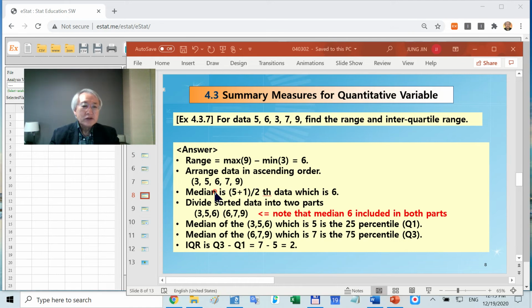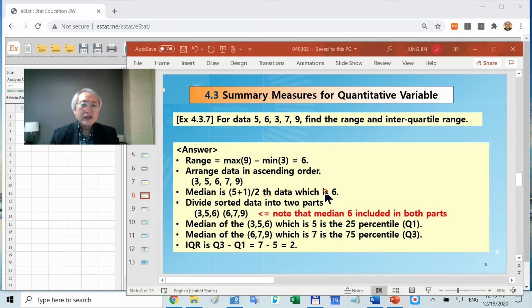The median, as you learned already, is the center point. We have 5 data, therefore 5 plus 1 divided by 2 is the third data, that's 6.